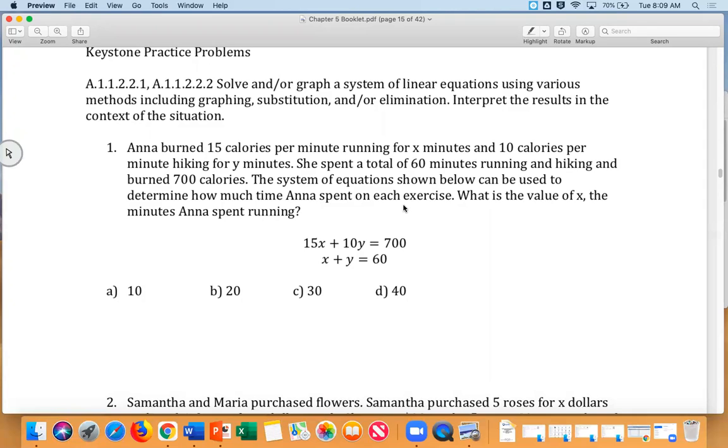The system of equations below can be used to determine how much time Anna spent on each exercise. What is the value of X, the minutes Anna spent running? All right, so see if you guys can figure it out. Solve it using elimination. So try to get rid of one of the variables and go from there.